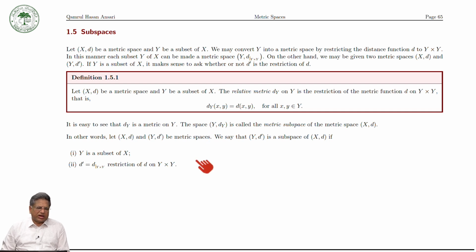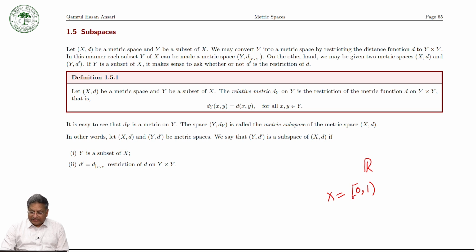Now, the question is why are we studying the subspace? Why are we going to introduce the notion of a subspace? The main reason is this: if you take the set of all real numbers with the usual metric, and let us take here X equal to (0, 1).